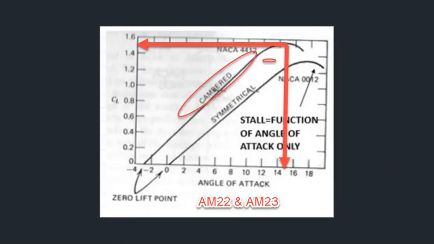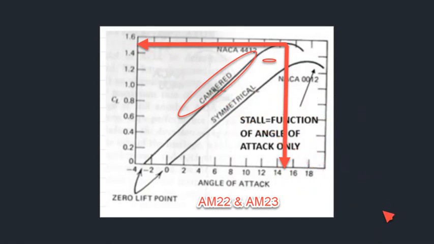touchdown. Now you have a cambered wing, and the next problem asks you if the aircraft is at the stall level angle of attack, and the stall angle of attack for a cambered wing is shown right here, approximately 15 degrees for the stall at the cambered wing, and then you just come over and read C sub L at approximately 1.5.